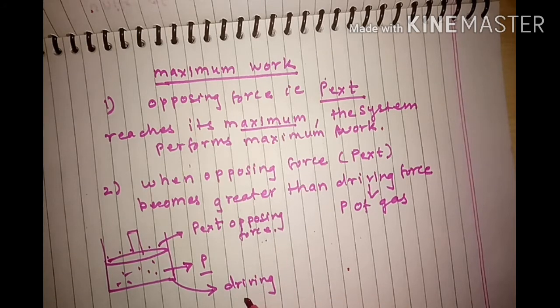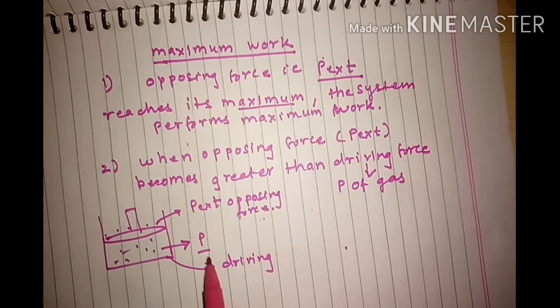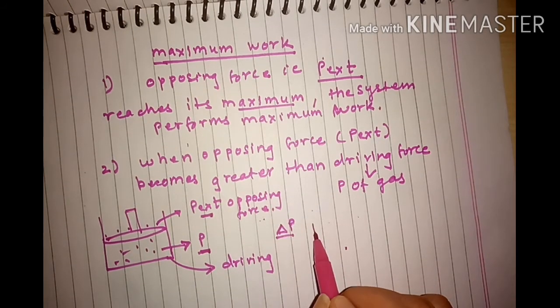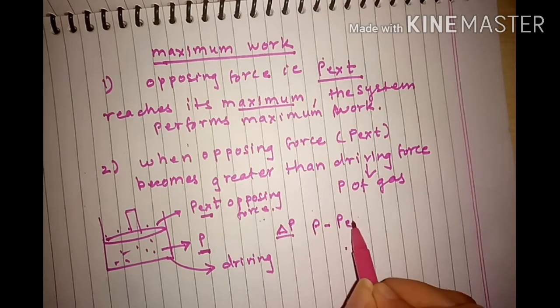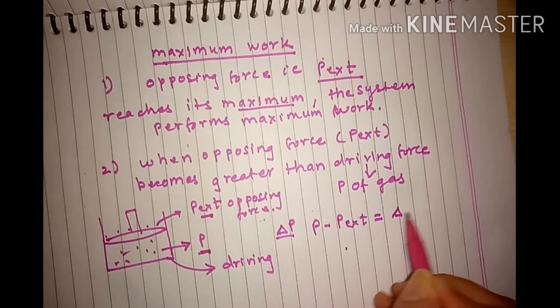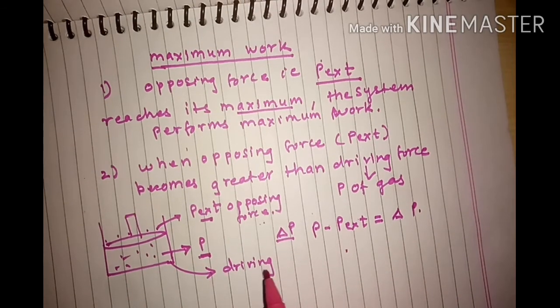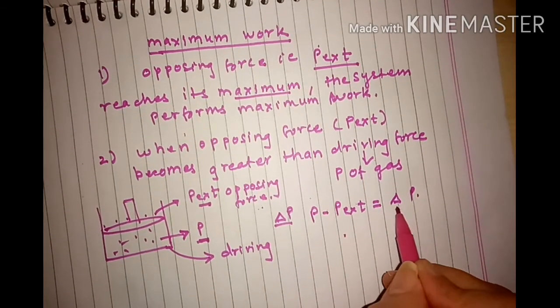Now if P, the pressure of the gas, differs from P external, the external pressure, by a quantity delta P, then P minus P external will be equal to delta P. Work would be maximum when delta P is smallest.